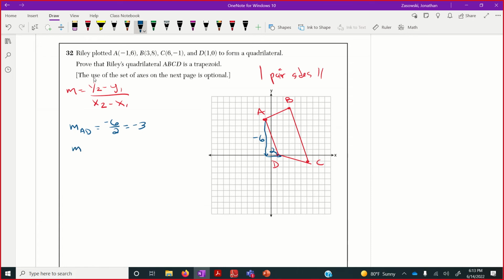And then the slope of BC, which is the line that's going to be parallel to it, is going over 3 to the right, and then down, or you can think about it going up and left, it doesn't really matter, down 9. So once again, -9 over 3 is also going to equal -3 here.